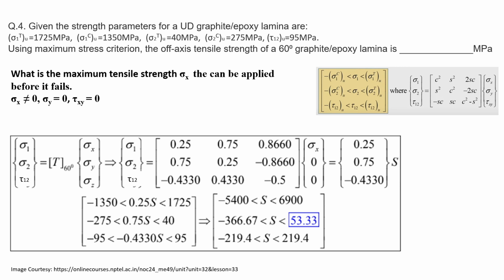That is, we will use the transformation matrix and multiply it with the global axis values, and we will get the stresses in the direction of the lamina.